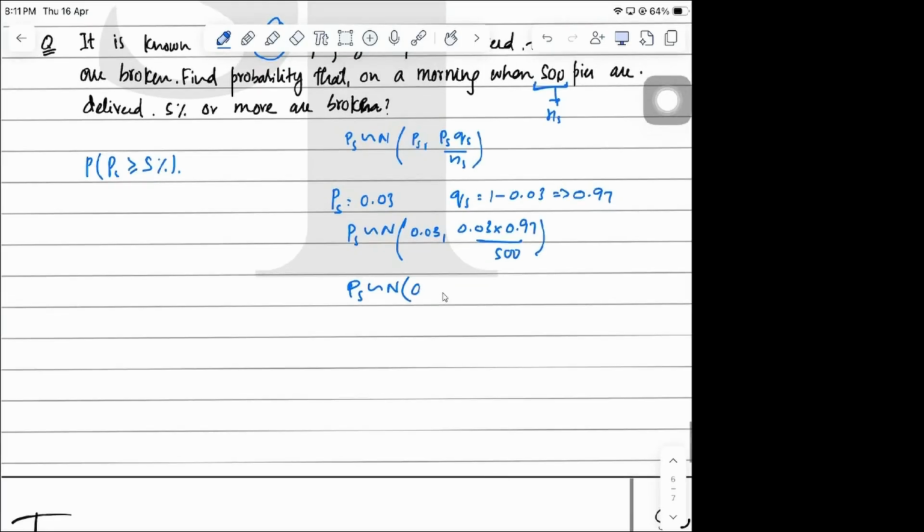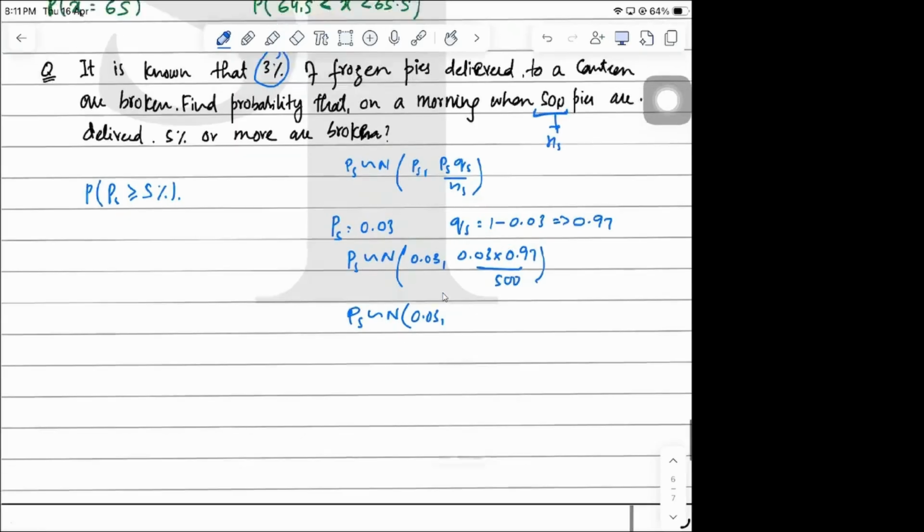So can you solve it? Why is the mean 0.03? They have given you, no?